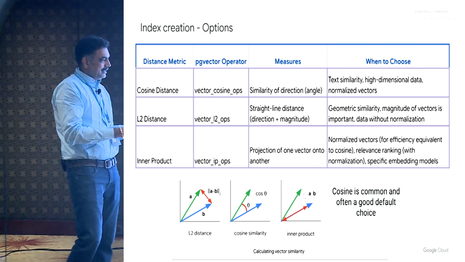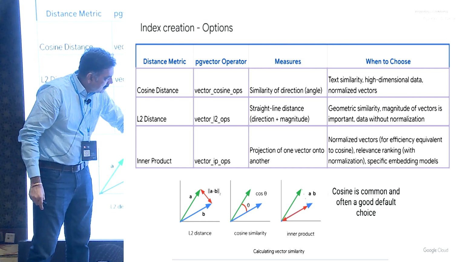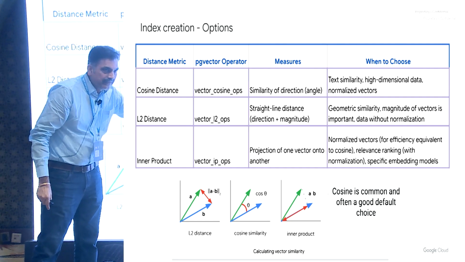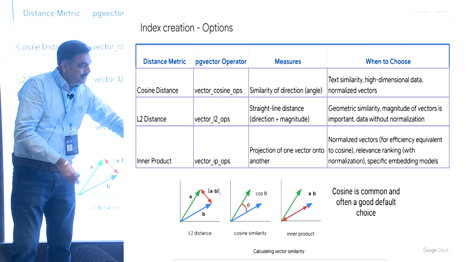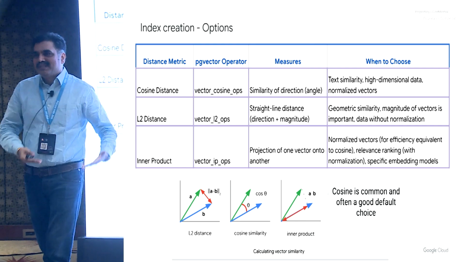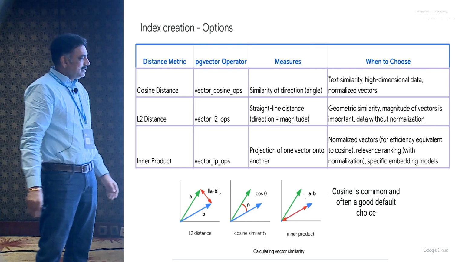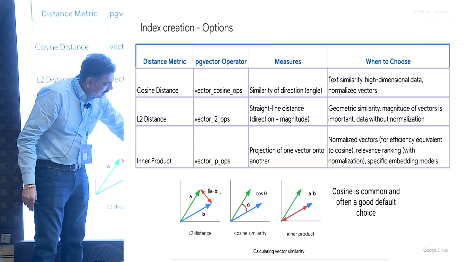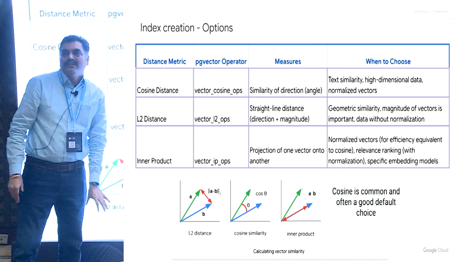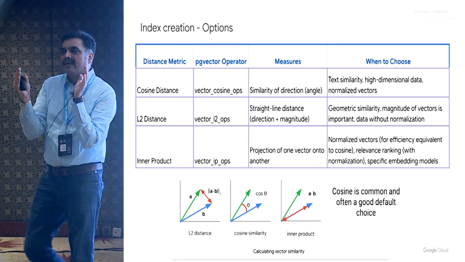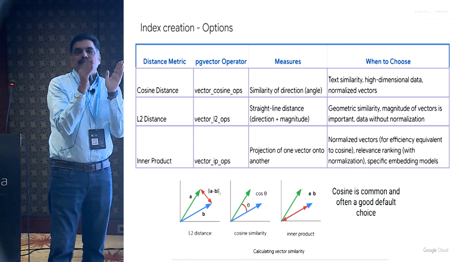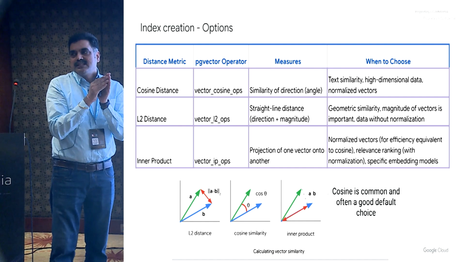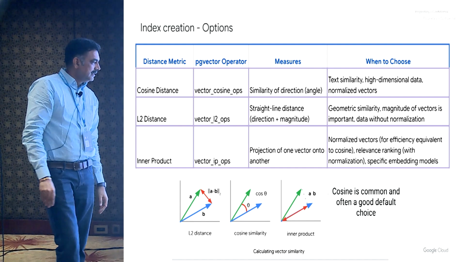It will not consider how far that vector is. I don't know if you are able to see this, apologies, I thought it would be an elevated stage. But essentially the magnitude of the vector doesn't matter when you do the cosine, it just goes by the angle. So the smaller the angle, the more the similarity. That's how the cosine one works.